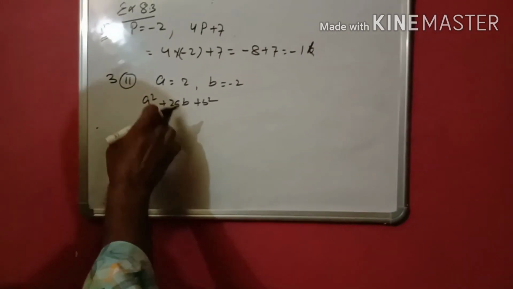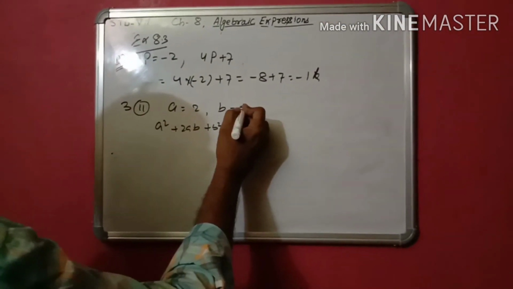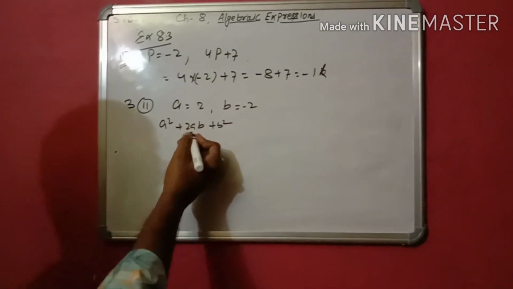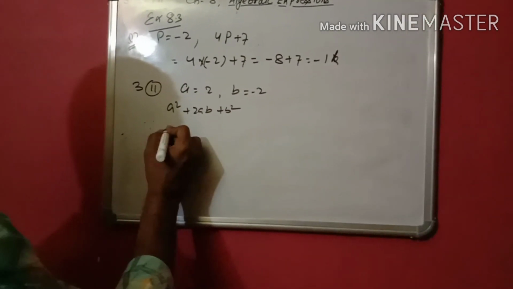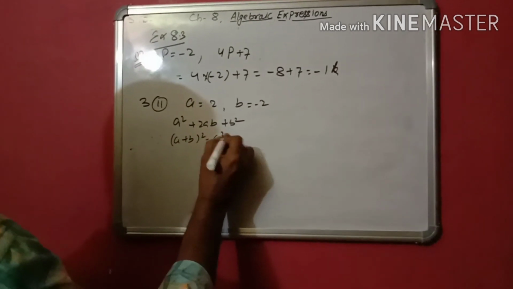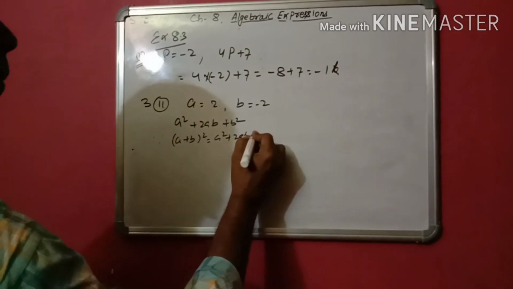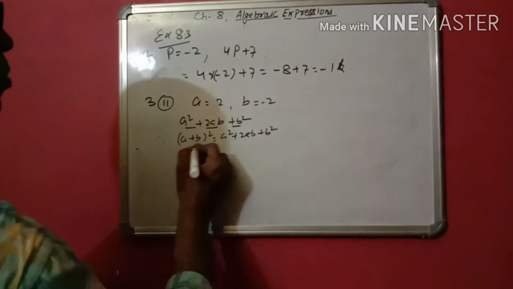Now question number second, it is given a equal to 2 and b equal to minus 2. Find the value of a square plus 2ab plus b square. Since we know a plus b whole square equal to a square plus 2ab plus b square, so directly I can write this one.